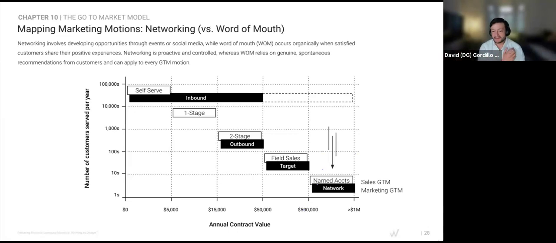And finally, we have the named accounts, which is paired normally with a marketing motion that is called networking, meaning that marketing in this case is enabling as much as possible the different people, not only the salespeople, but everyone that is involved in the sales process, to be able to network and create connections and relationships with the key people in the named accounts. Remember that named accounts tend to be just a handful of accounts per strategic account manager.